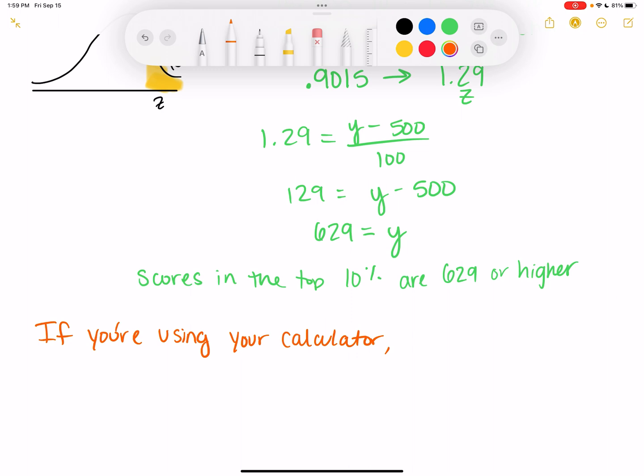So if you're using your calculator, normal CDF, okay, that's the function there, will solve for percentiles.